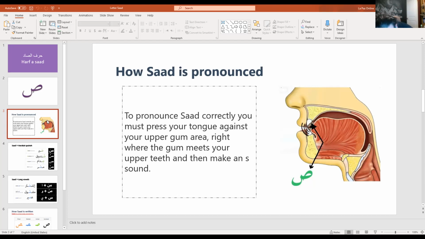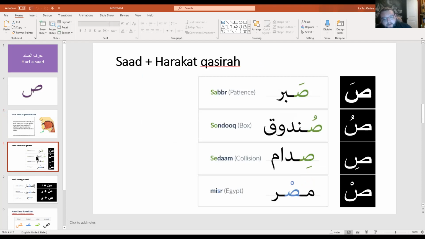Since sad is a consonant, it can have a fatha, a dhammah, a kasra, and a sukun. So a sad with the fatha is sa. For example, sabr.